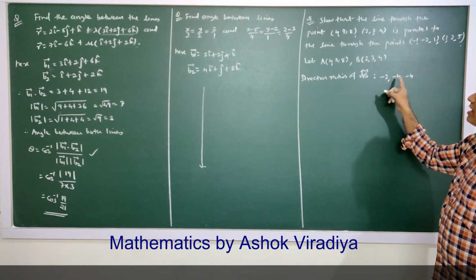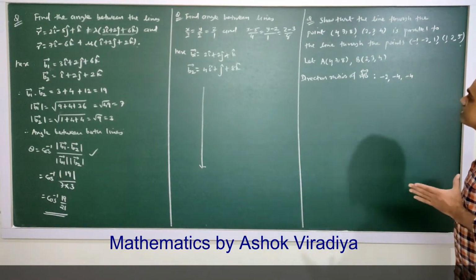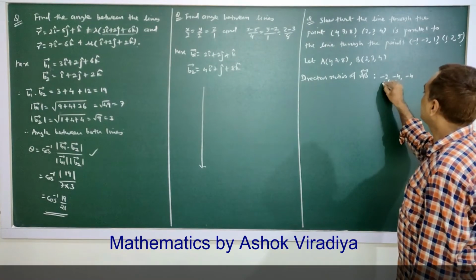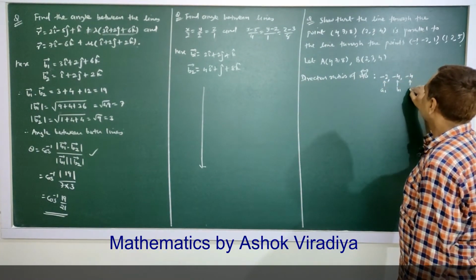That is x2 minus x1, y2 minus y1, z2 minus z1. These are direction ratios. So this can be taken as A1, this as B1, this as C1.